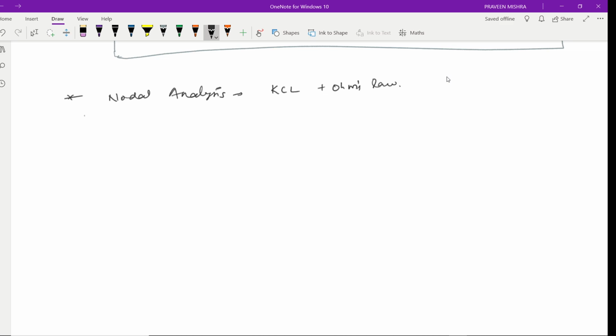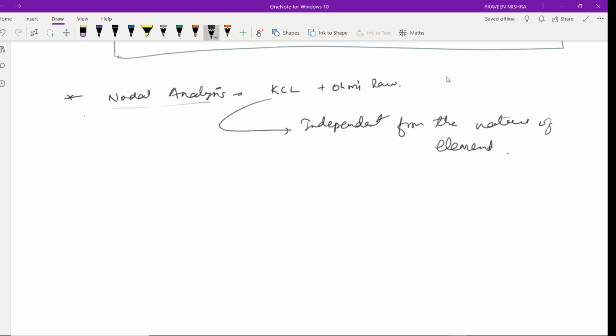KCL is independent of the nature of material or nature of element. But nodal analysis is not independent of the nature of material because it obeys Ohm's law also.